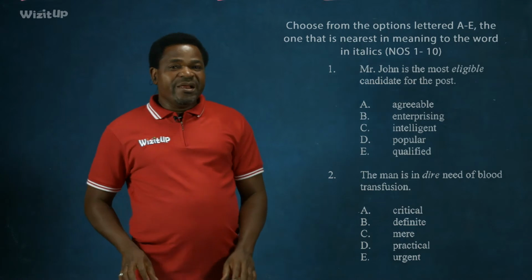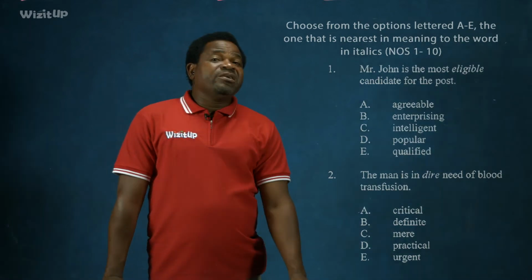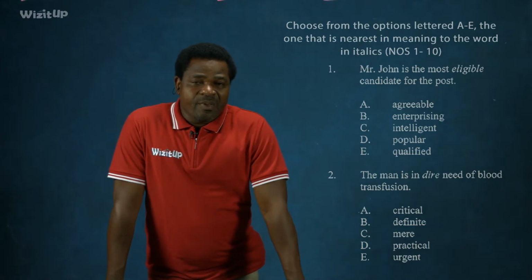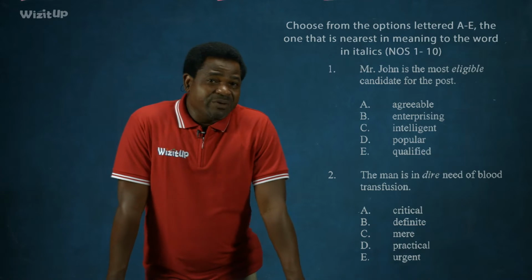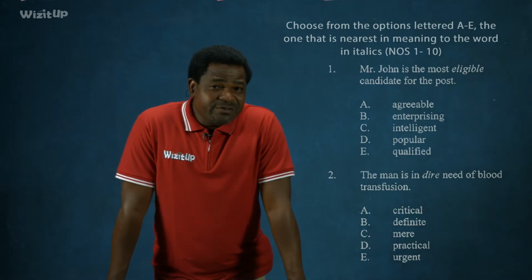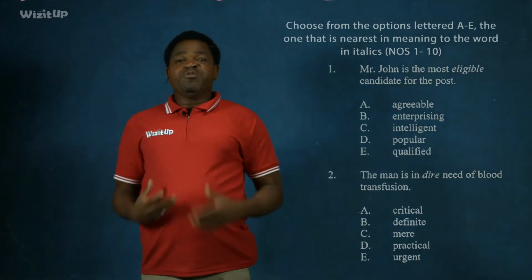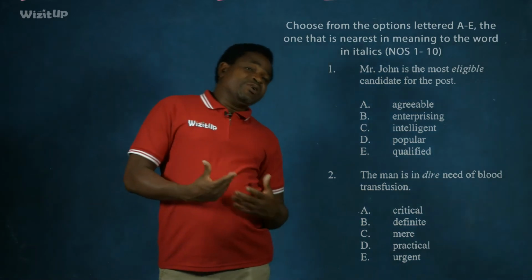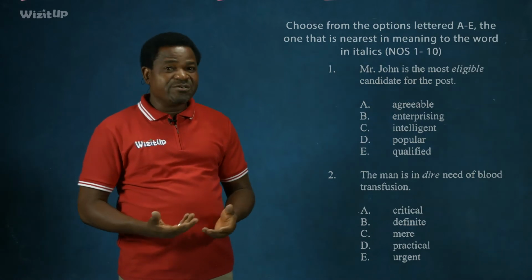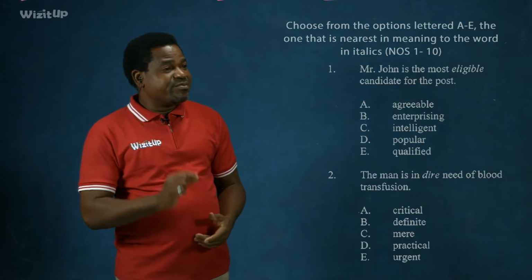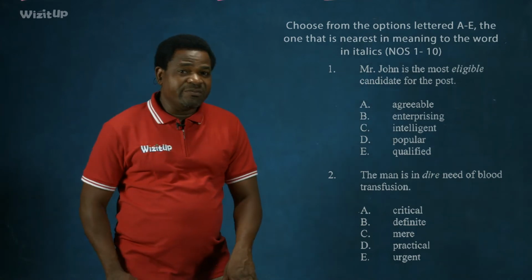When you are eligible for something, you are qualified for that thing. So, if you sit your examination and you pass very well, you will be eligible to get into the university. You will be eligible to sit the Joint Admission and Matriculation Board examination and then get into the university. So to be eligible for something is to be qualified for something.